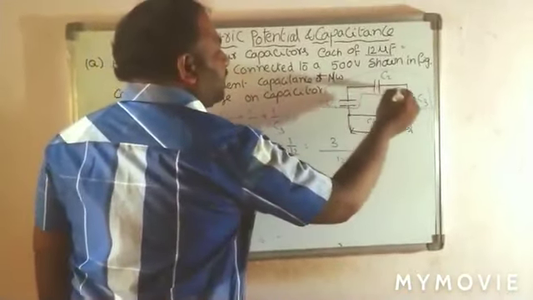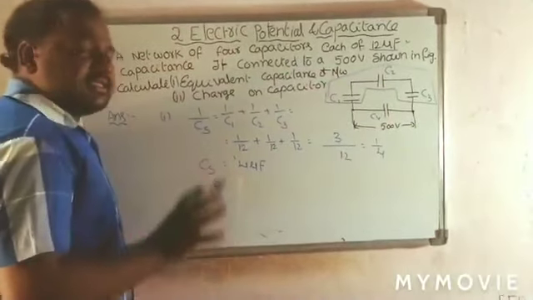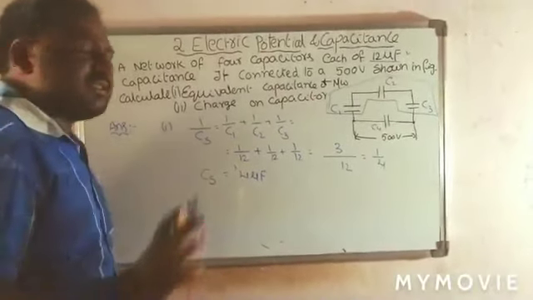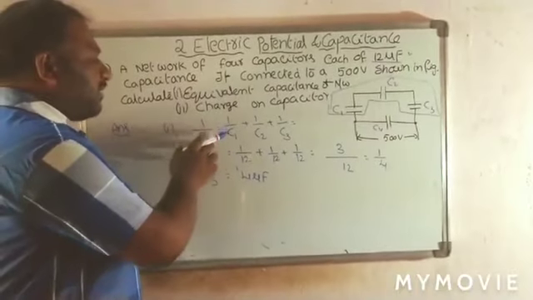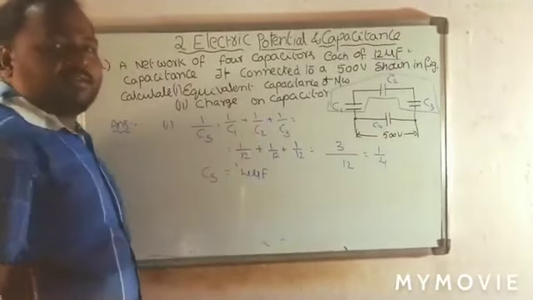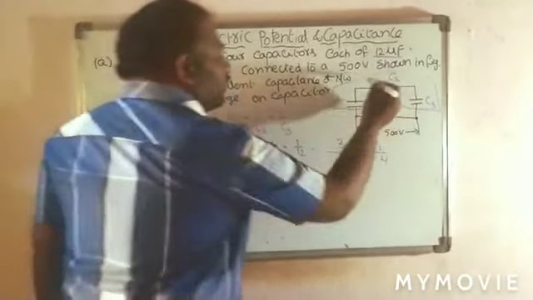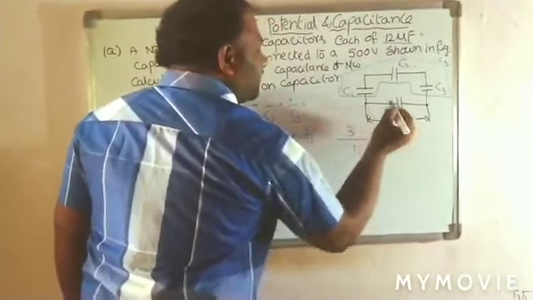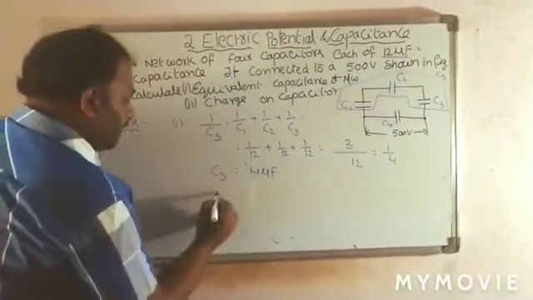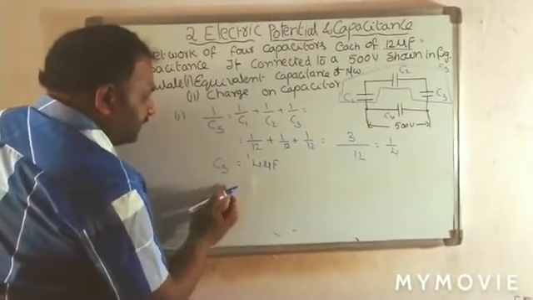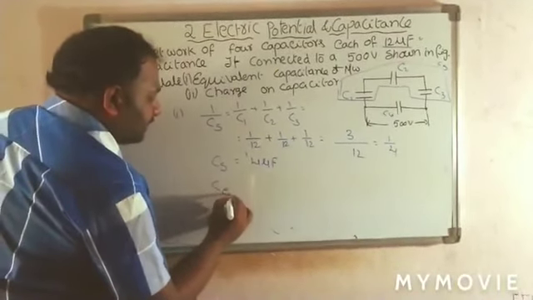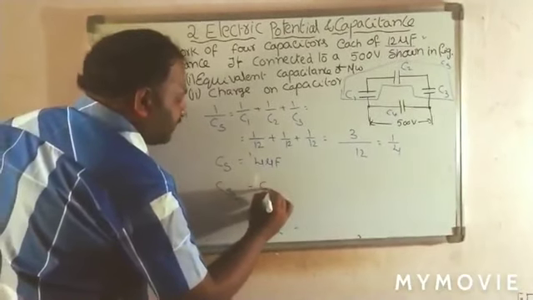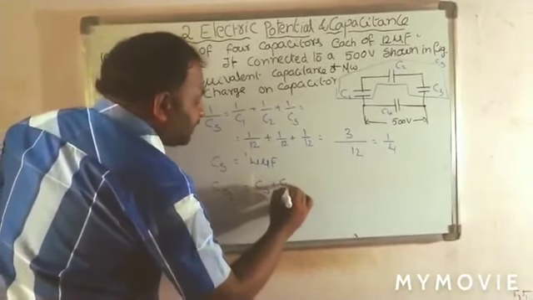Here C1, C2, C3 are in series, and for the series connection of capacitors we take the formula 1 by C1 plus 1 by C2 plus 1 by C3. This total capacitance becomes CS. Now this CS is parallel to C4. Therefore the total capacitance C equivalent is equal to CS plus C4.